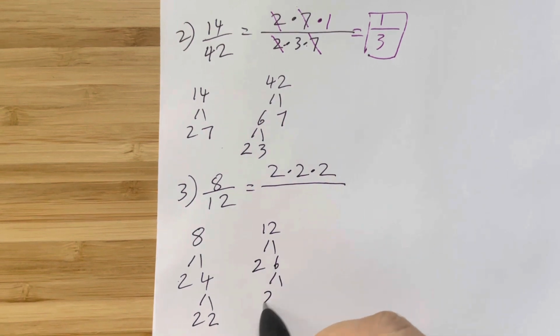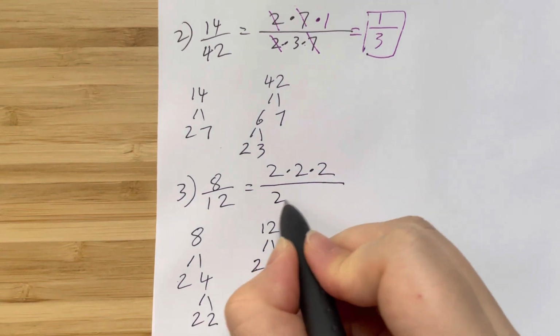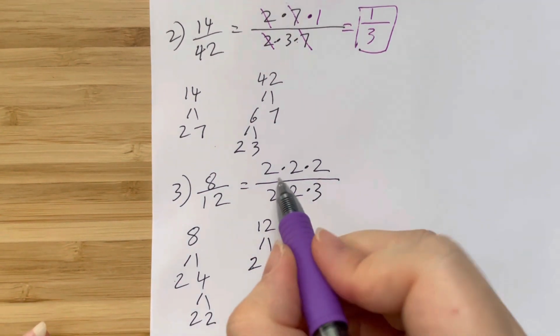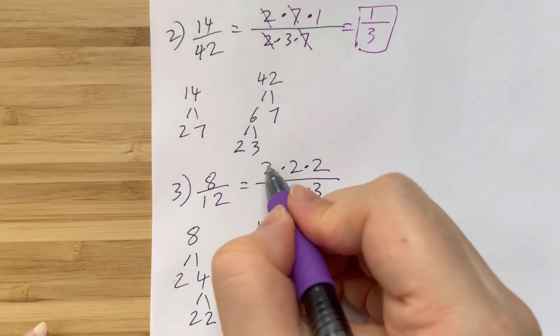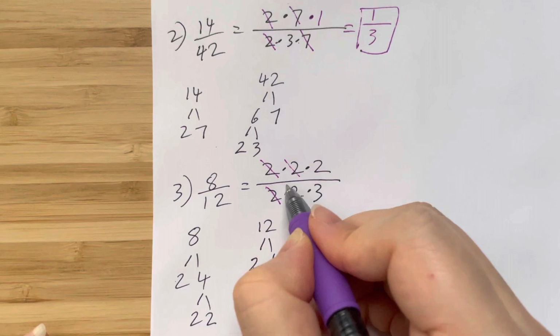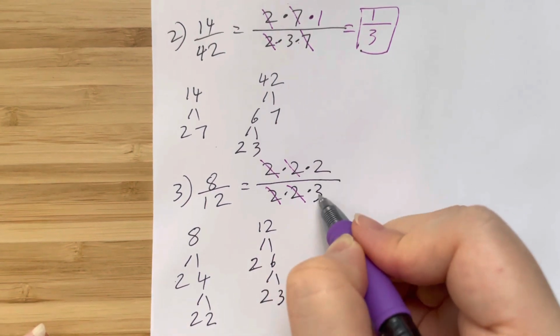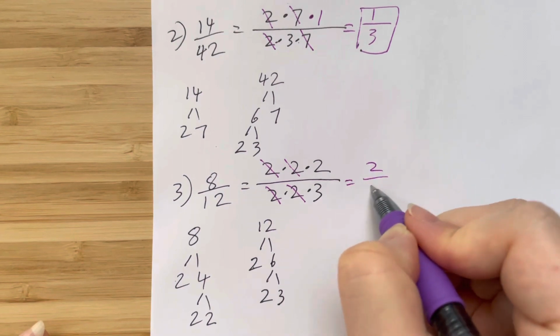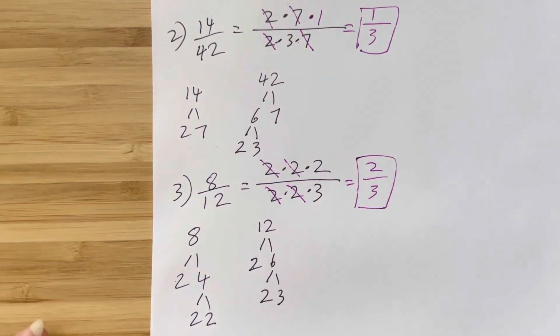A 6 is 2 times 3. So 2, 2, and 3. So now we have a 2 on top and a 2 on the bottom, so those cancel. These 2 cancel. The remaining 2 does not match, so we're just going to rewrite it, and that will be your answer.